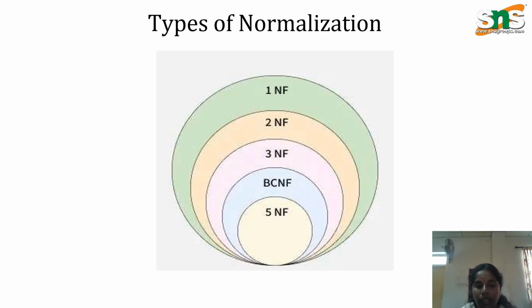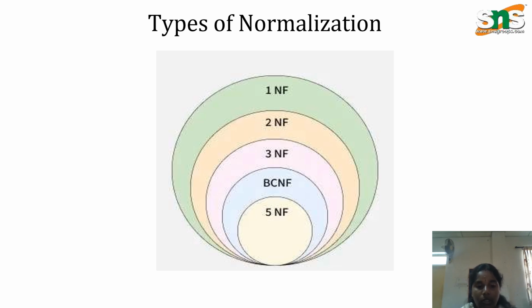The next one is the third normal form. The third normal form satisfies the second normal form and additionally has no transitive dependencies. In similar terms, a non-prime attribute should not depend on other non-prime attributes.